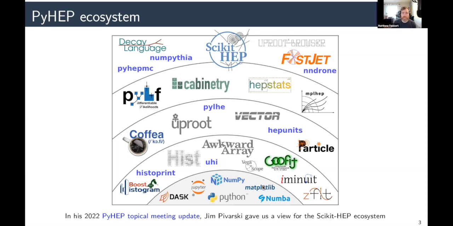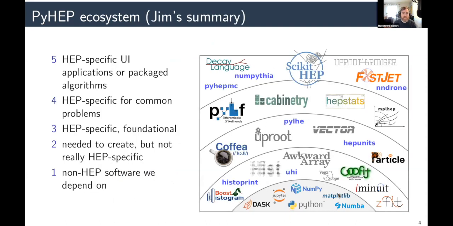Jim, please feel free to issue any corrections if I'm accidentally misspeaking here on your behalf. On slide 4, if we start at the bottom of the stack and work our way up to the top, at the first layer, at the bottom, we have non-HEP software that is fundamental, that we depend on.